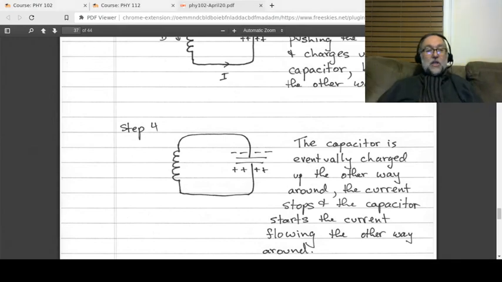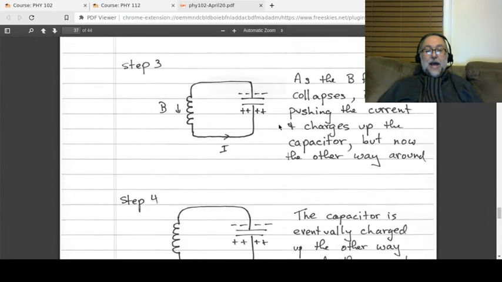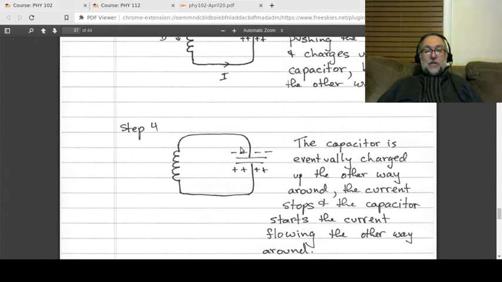Originally we had the top plate positively charged, but now we've swung around to the other side, and now the bottom plate is positively charged. And these positives say, I want to go to the other side. Of course, they do that through the inductor. The inductor builds up a magnetic field, and there's a current going, and it keeps pushing them through until we're back to step one.